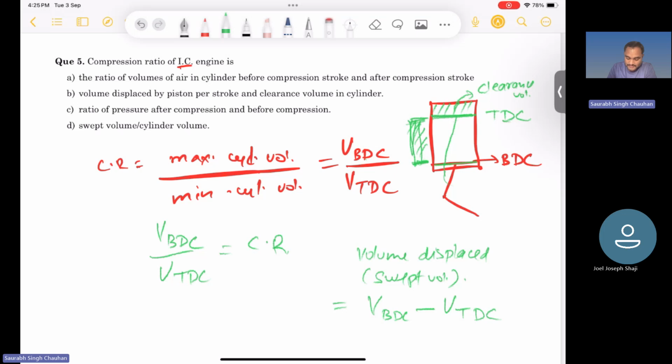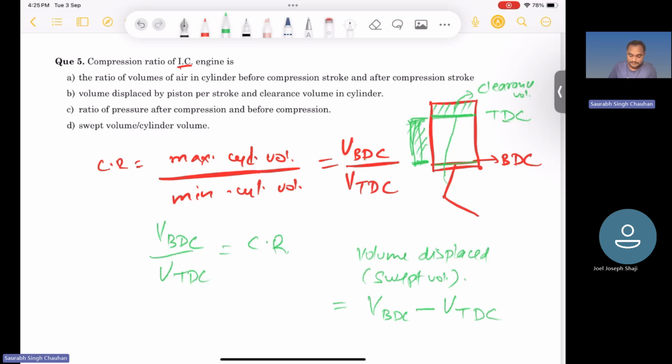Part C says the ratio of pressure after compression and before compression. No, compression ratio is related to volume, not pressure. You can make a relation between volume and pressure, but you need to check which type of processes are taking place. And part D says swept volume to the cylinder volume. This is also not the correct option. Cylinder volume is the volume at the BDC, the maximum volume.